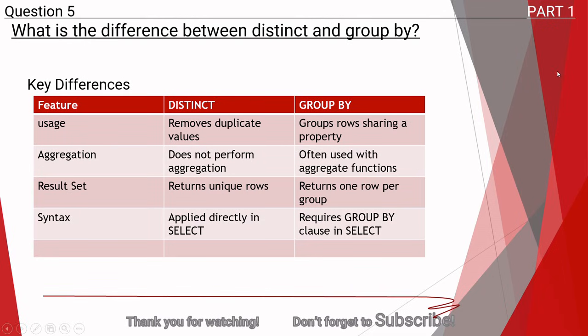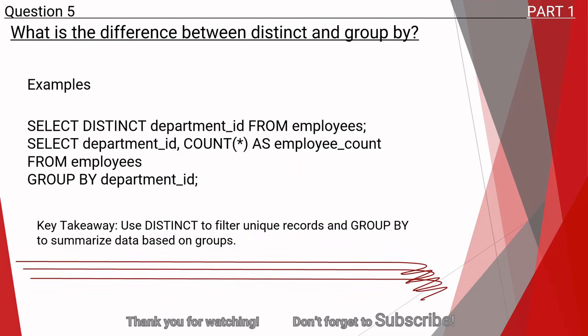Distinct does not perform any aggregation, while group by is typically used with aggregate functions like count, sum, or average. The result set for distinct includes unique rows, whereas group by returns one row for each group based on the specified columns.